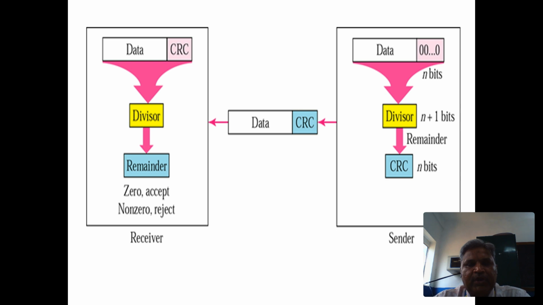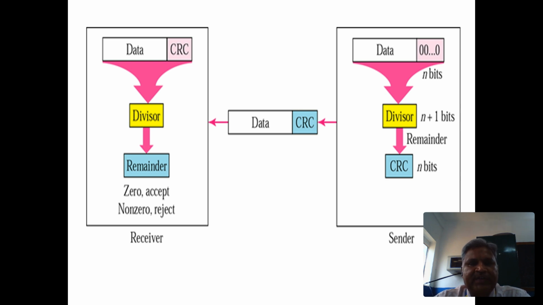The zeros that are appended are n bits, and the divisor will be n plus 1 bits. For example, if the divisor accounts for 5 bits, the number of zeros that are appended will be 4. Understand? If the number of bits in the divisor is counted and it makes up to 5, then the number of zeros appended to the data will be 4.